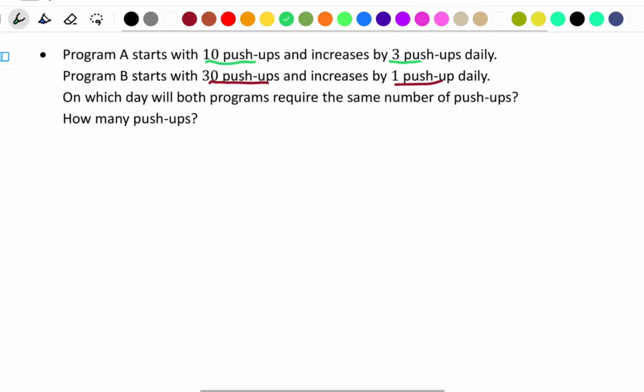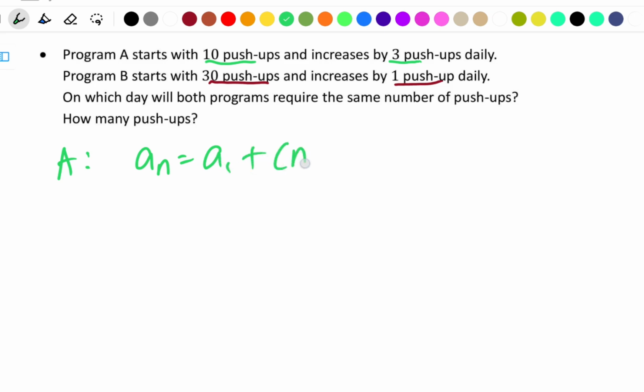So for program A, the nth term, this is the number of push-ups on the nth day. A sub 1 is 10, plus n minus 1 times the common difference, which is 3.